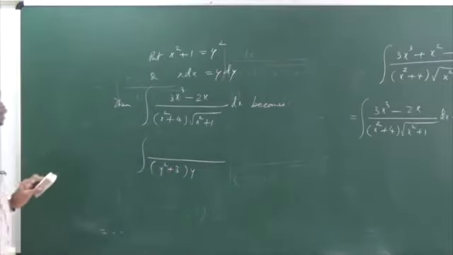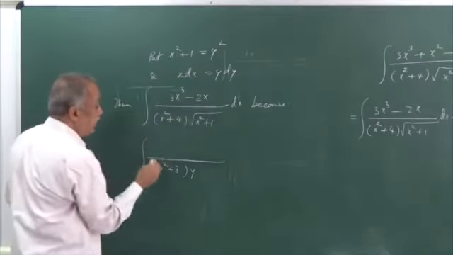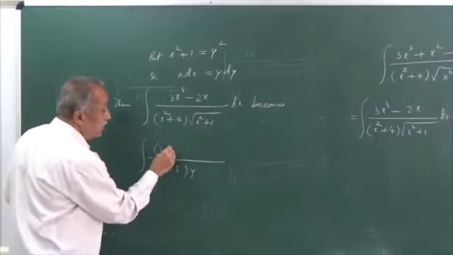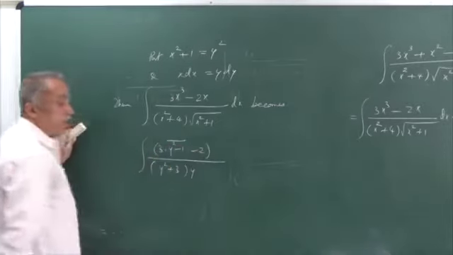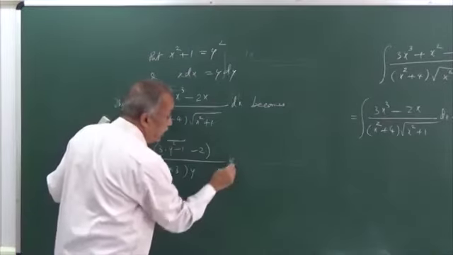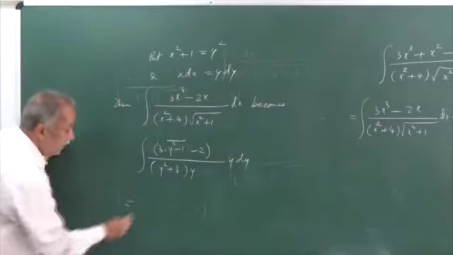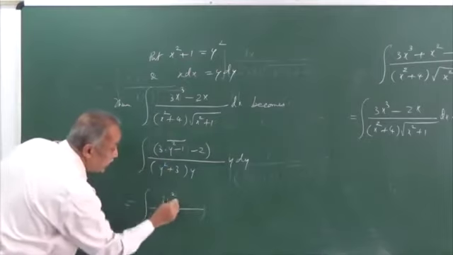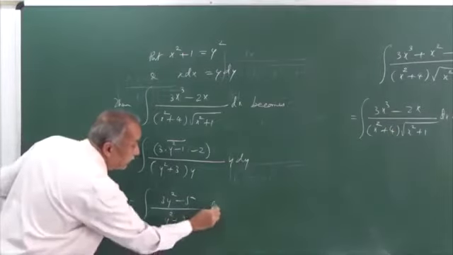In the numerator, one x is common there. When you write that x outside, it is 3x square minus 2, and 3 into x square is y square minus 1, minus 2, into x dx, which according to this statement is y dy. Y cancels, leaving (3y square minus 3 minus 2, that is minus 5) divided by (y square plus 3) dy.